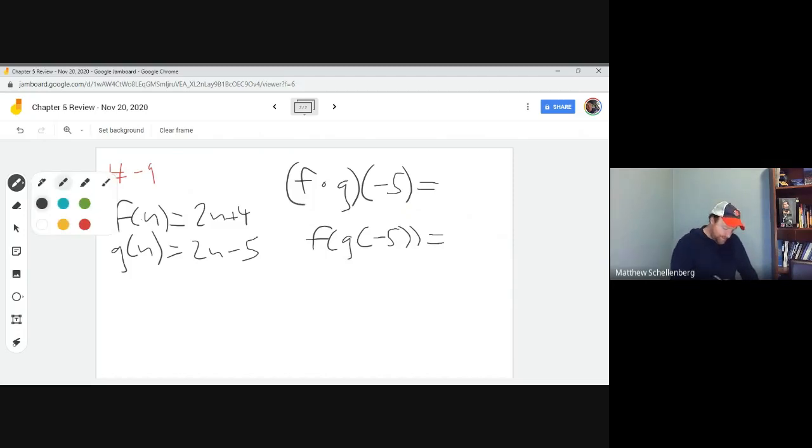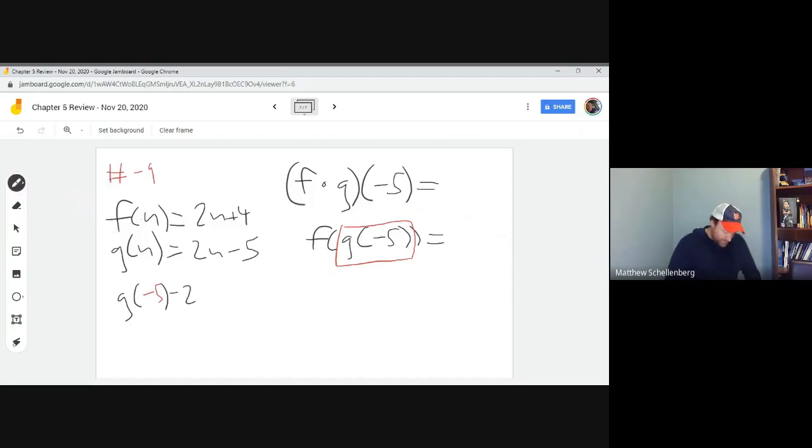And as I stated before in class, you start with the very inside, because you can see g of negative 5, and so we can figure out what that is. So we have g of negative 5, and that means we're going to replace n with negative 5.